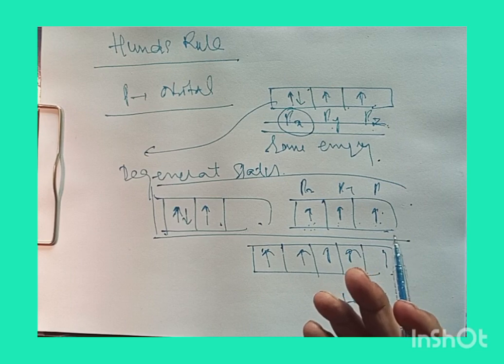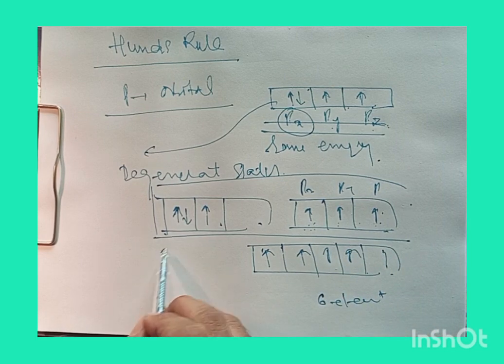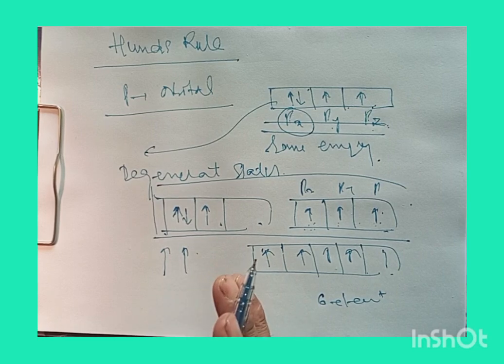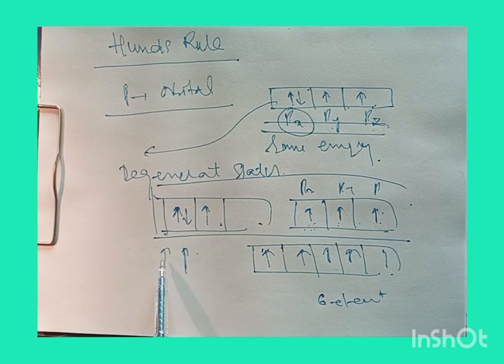Now, in order to understand this, if we have two electrons with the same spin, they tend to be as far apart as possible in order to minimize the electrostatic repulsion. Therefore, the electrons prefer to occupy orbitals singly as far as possible.